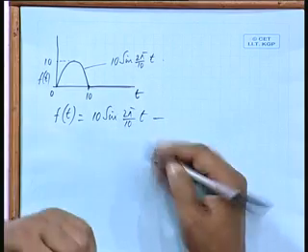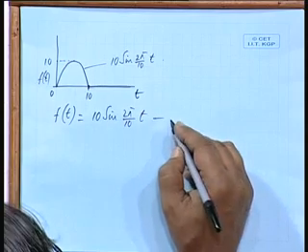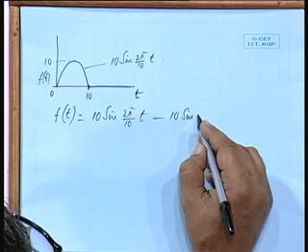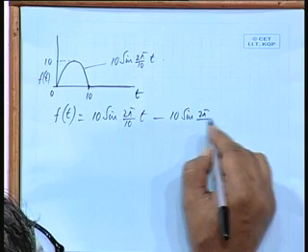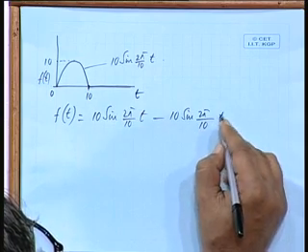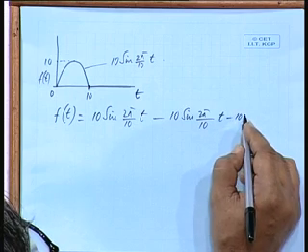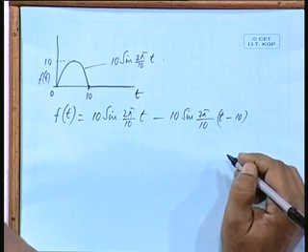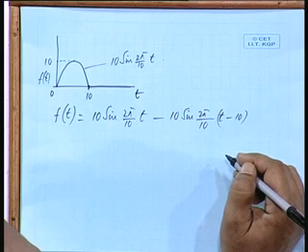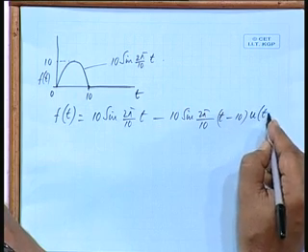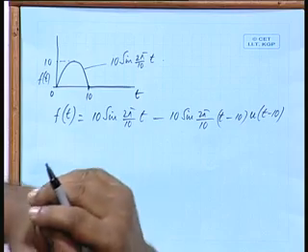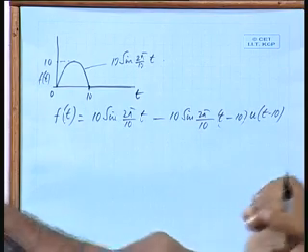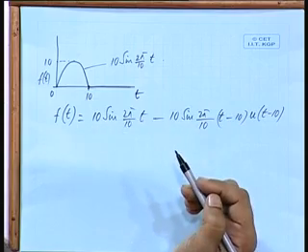What do I subtract? 10 sine 2 pi by 10 t minus 10. Do I subtract? Into u. Do you all agree? If I subtract this from here, what do I get?